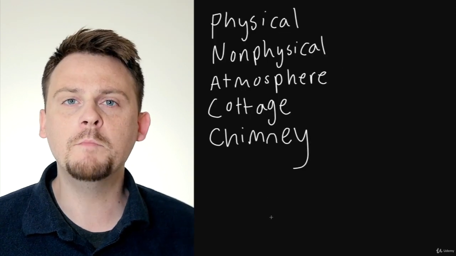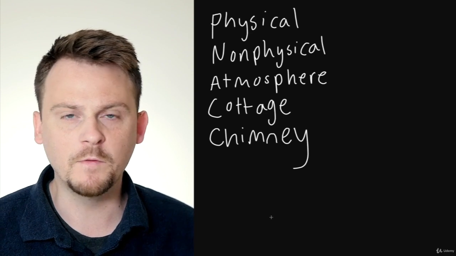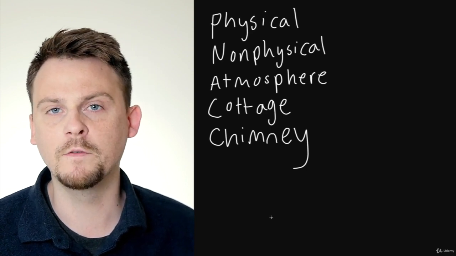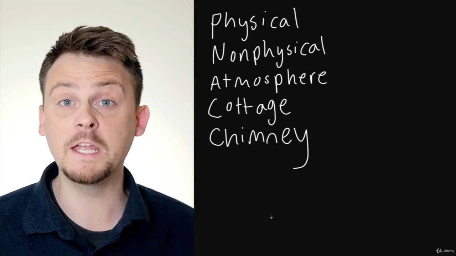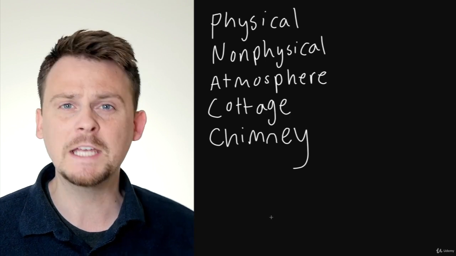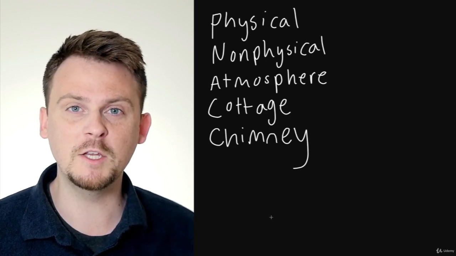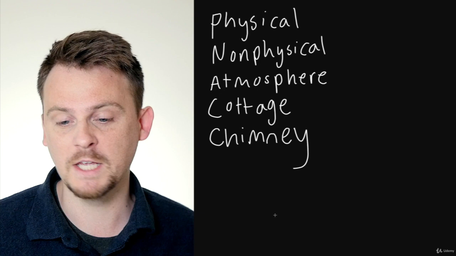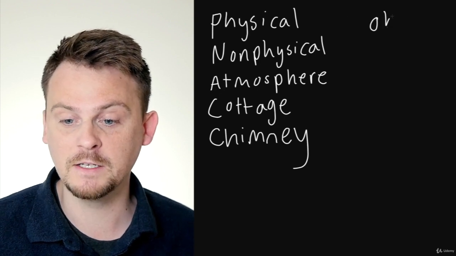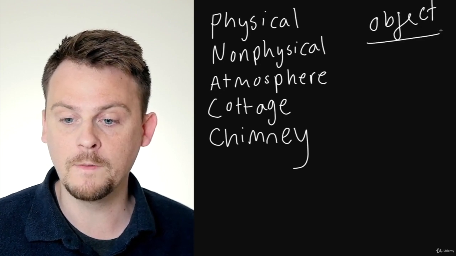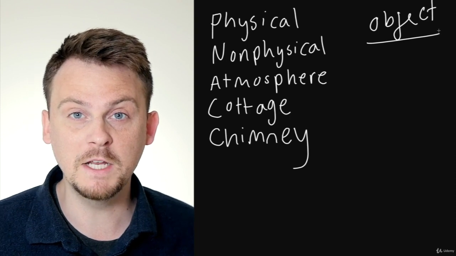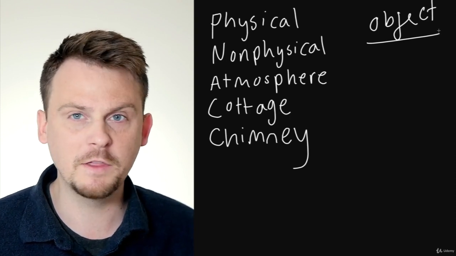Okay, so some basic vocabulary first before we do anything. We need to know the word physical. So a physical thing is something that you can touch, something that you can feel, something that you can look at. Often we say an object. This word has several different meanings, but one meaning of this is a thing.